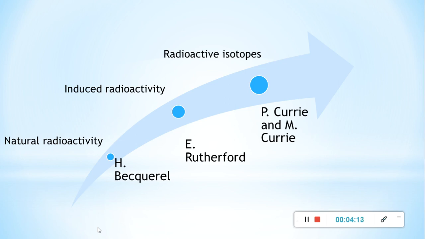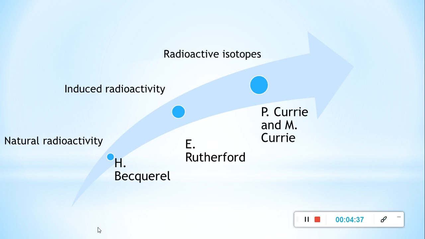Henri Becquerel discovered radioactive rays, or natural radioactivity, coming from a uranium compound. Ernest Rutherford's study of these rays showed that atoms of one element may indeed be converted into atoms of other elements by spontaneous nuclear disintegrations.